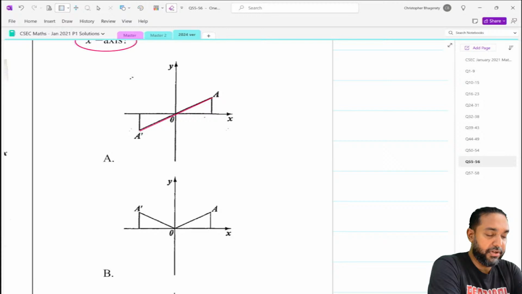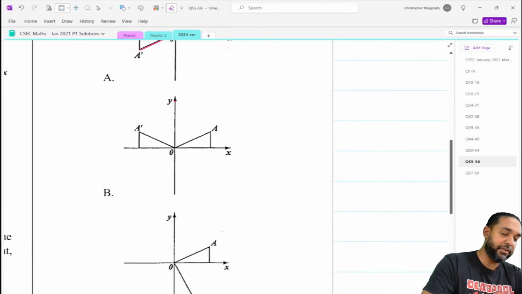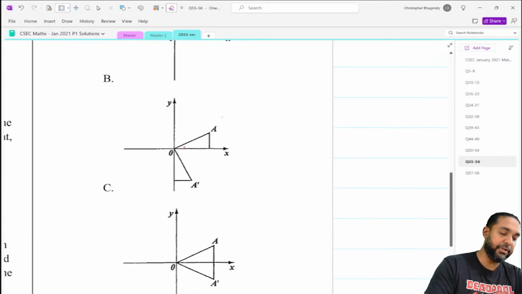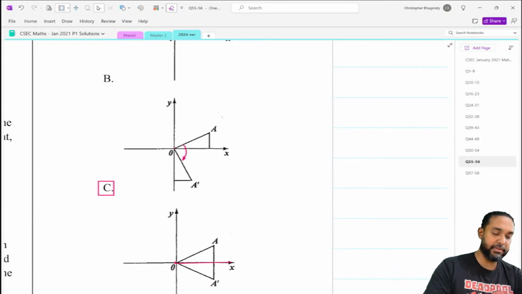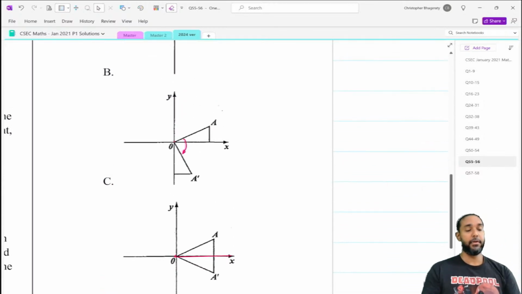Yeah, it's a 180-degree rotation around the origin. There's a reflection in the Y-axis for sure. This is a 90-degree clockwise rotation about the origin. This clearly is the reflection in the X-axis right here. No, hold on, wait. Is that C or D? That's D. Yeah, that's what I did. I did C because it's on top.